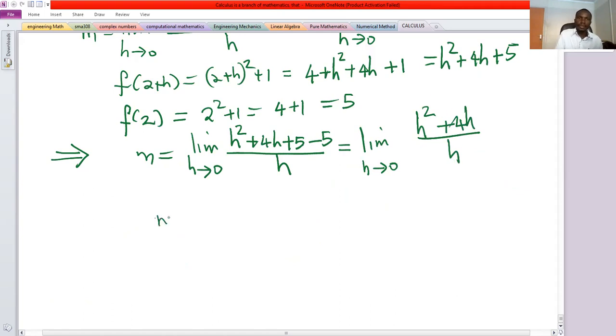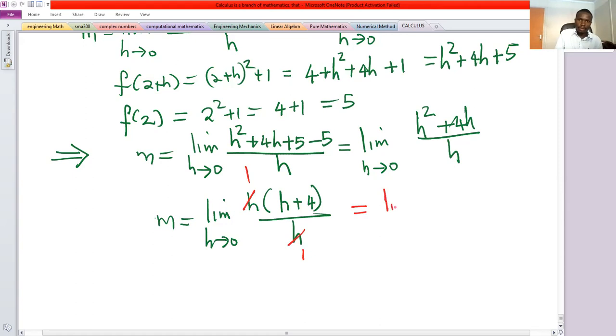Factorize h, so m will be the limit as h approaches 0 of h times h plus 4, divided by h. The h's cancel out, which will be the limit as h approaches 0 of h plus 4. Direct substitution will give us 0 plus 4. So m is 4. So that's the first thing.